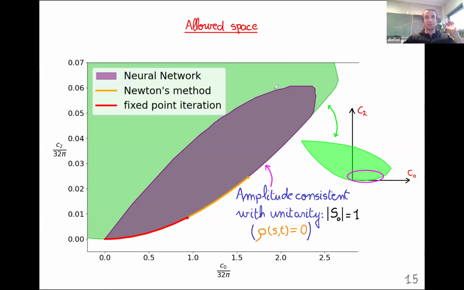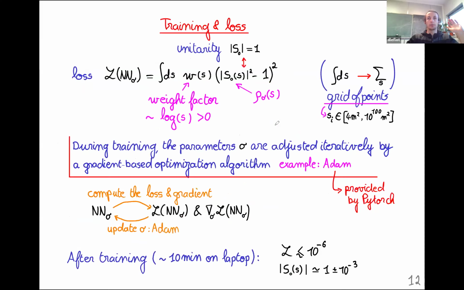Actually, it's a bit tricky. First, yes, if you choose C0, C2 far away from the allowed region, the loss, instead of being very small, will be of order 1. So that's definitely that unitarity is not at all imposed.